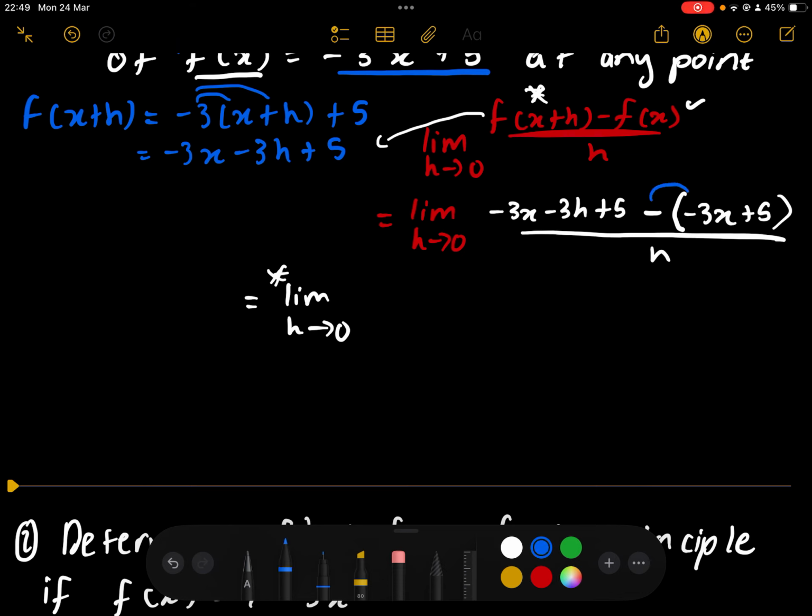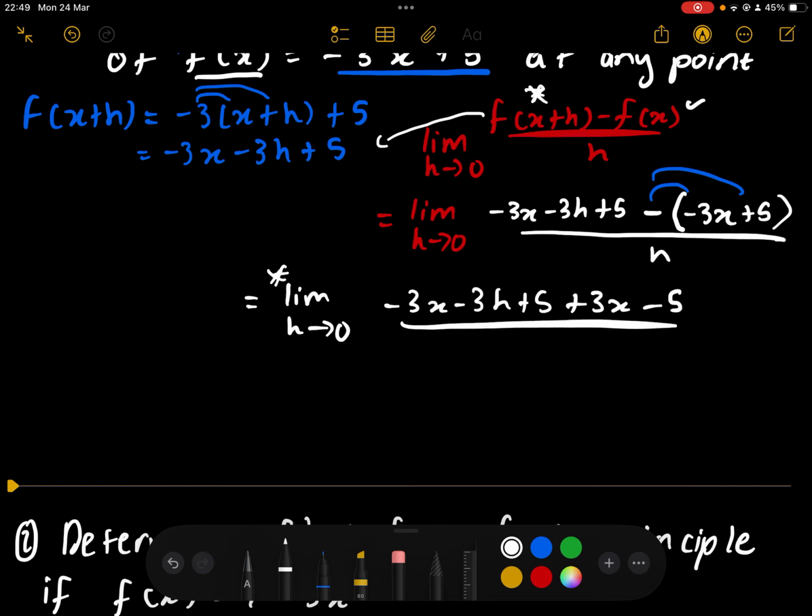You're going to get negative 3x minus 3h plus 5 plus 3x minus 5 on top, and then h. So let's look for like terms, the things that are going to cancel each other: negative 3x and positive 3x, and the 5 and the 5 will cancel each other.